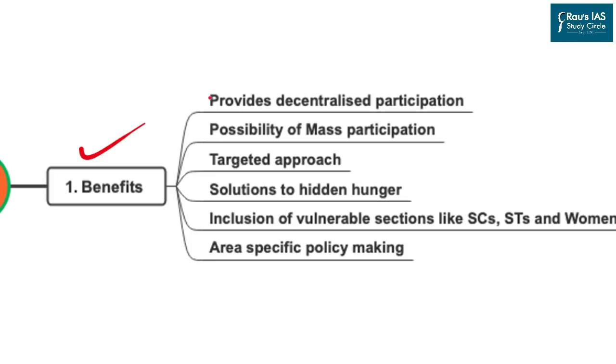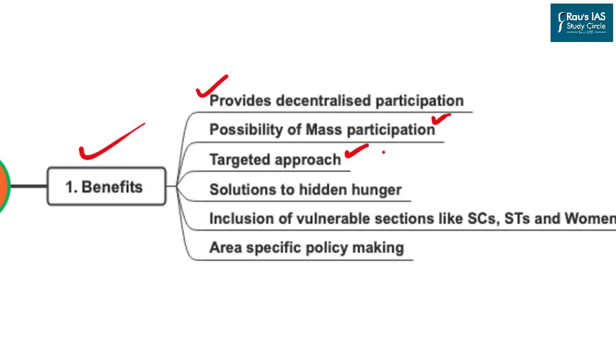The first benefit is that bottom-up approach provides decentralized participation. So every person in cities or urban towns will have their participation in the food security system. It will provide possibility of mass participation because when we are counting, each and every person is also eligible to participate. It goes for a targeted approach in the food distribution as well as food production system.